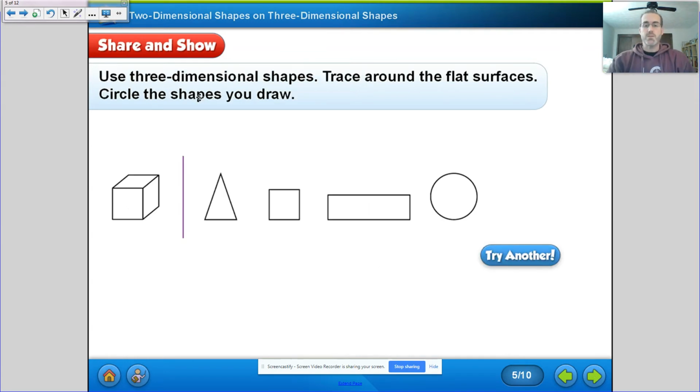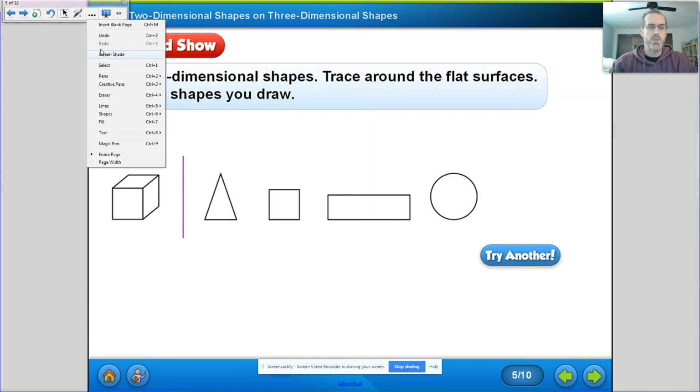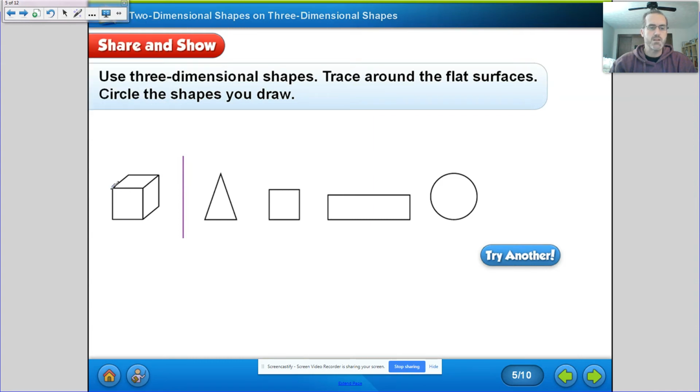All right, now let's see what's next. Use three-dimensional shapes to trace around the flat surfaces. Circle the shapes that you draw. All right, I like this one. So we're going to see which shapes we draw with our pen here. If I trace this one, it's not going to be perfect, but we'll do the best we can. What shape is that, guys? 4 sides that are all the same length. We call that a square.